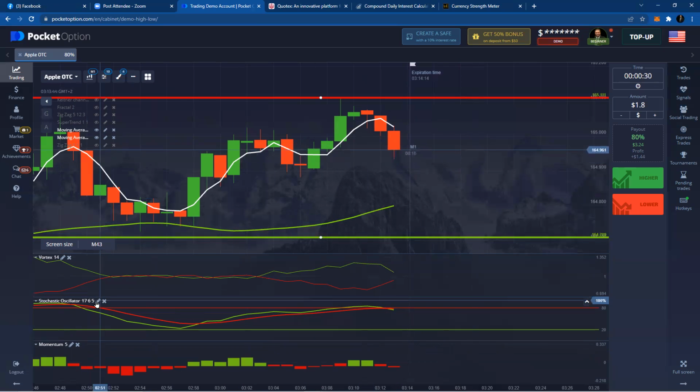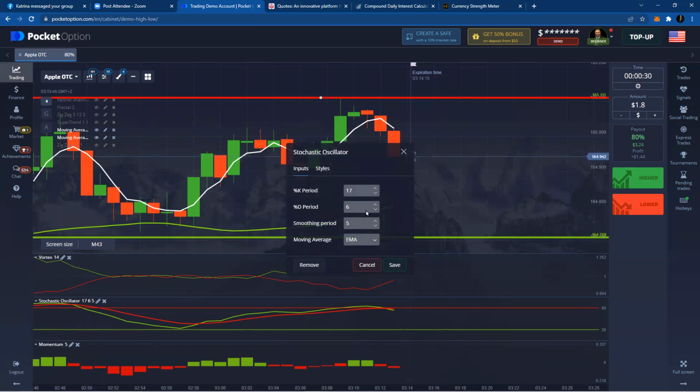On the oscillator, we're going to do the same thing. We're going to change the K period to 17, the D period to 6, the smoothing period to 5. We're going to change it to an EMA, which is the moving average, okay?